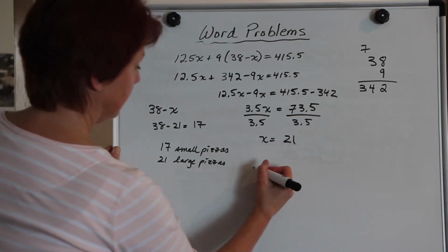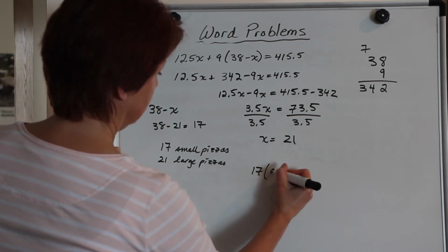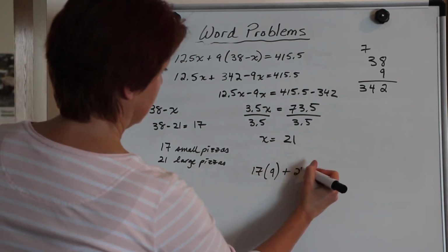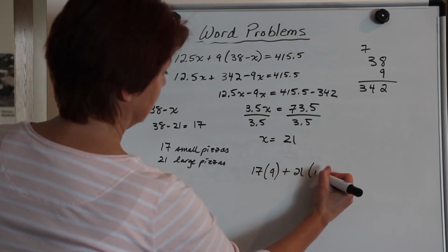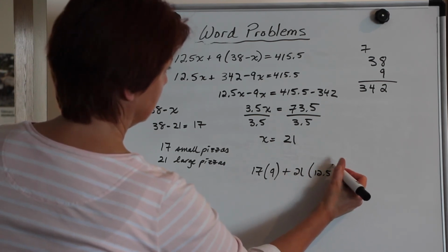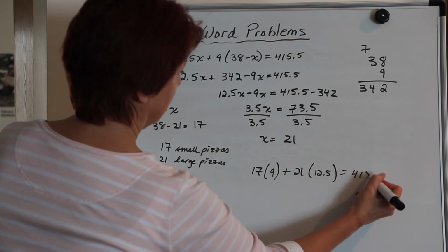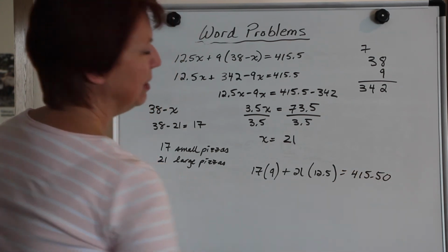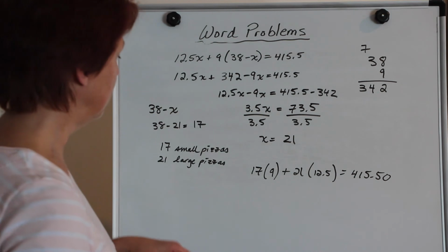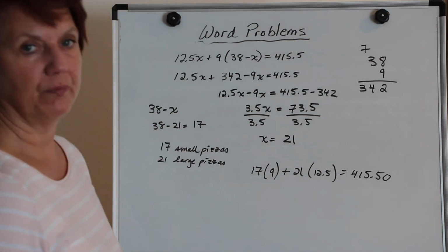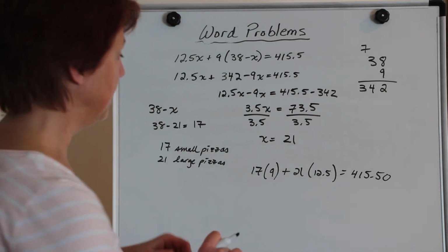So 17 times 9 plus 21 times 12.50 should be equal to 415.50. And by the way, you never put dollar signs or anything like that in your equation. You save that for the sentence at the end when you're done, okay?